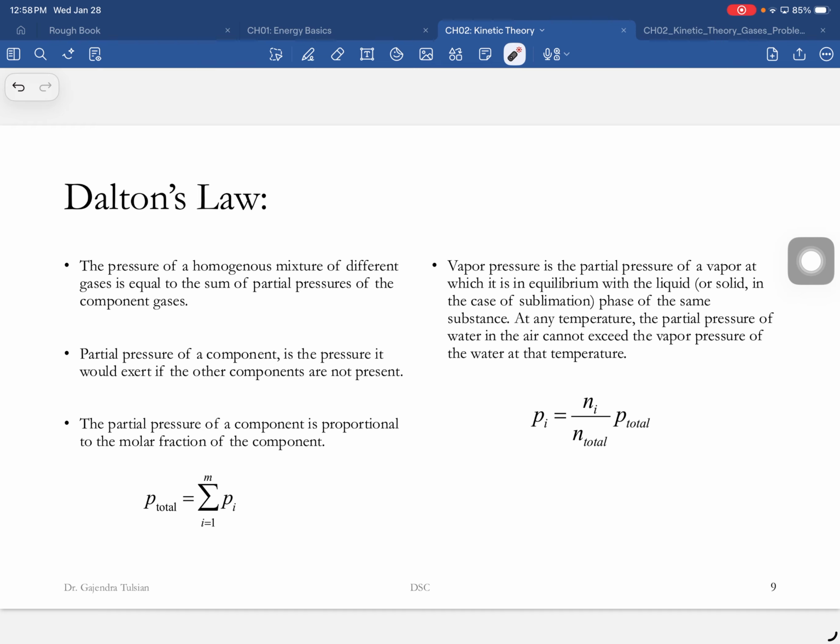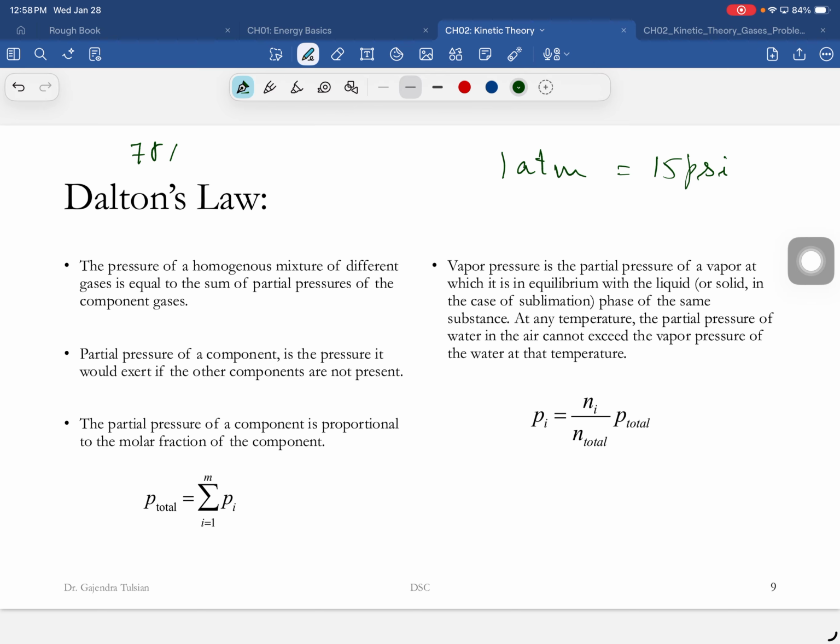So what this means is 3 psi is being exerted by the oxygen molecules, and 12 psi is being exerted by the nitrogen molecules. So that's Dalton's law. Did you guys understand that? It doesn't depend on how heavy the molecule is, it just depends on the number of molecules.